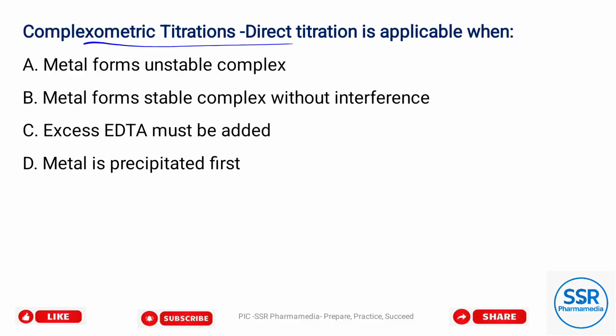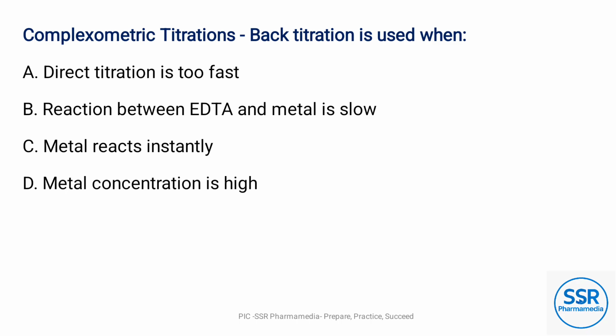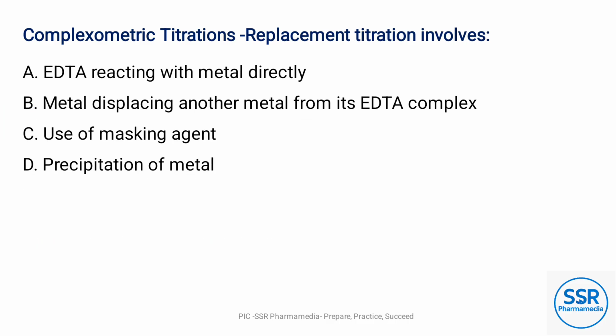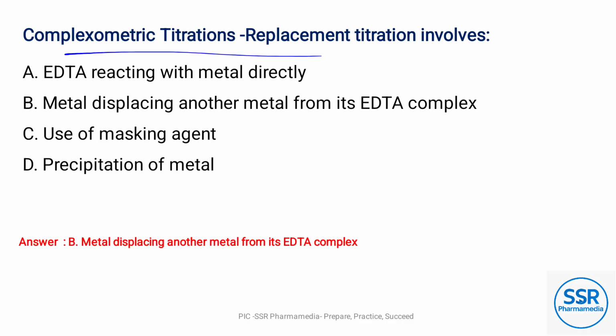Next, direct titration is applicable when, option B, the metal forms a stable complex without interference. Back titration is used when, option B, the reaction between EDTA and metal is slow. Replacement titration involves, option B, a metal displacing another metal from its EDTA complex.